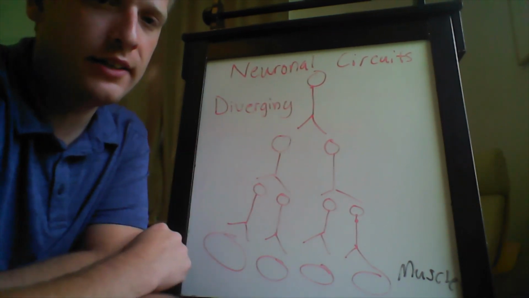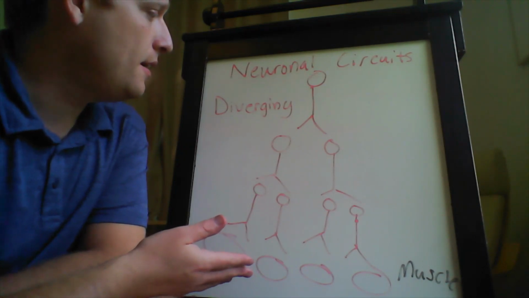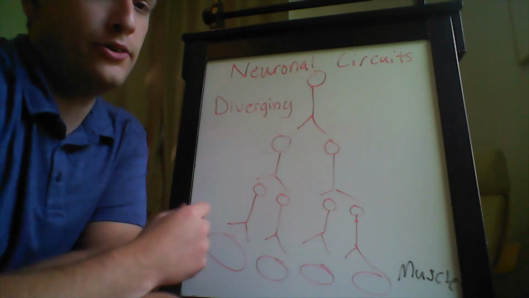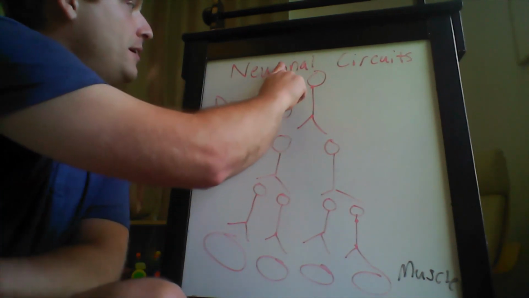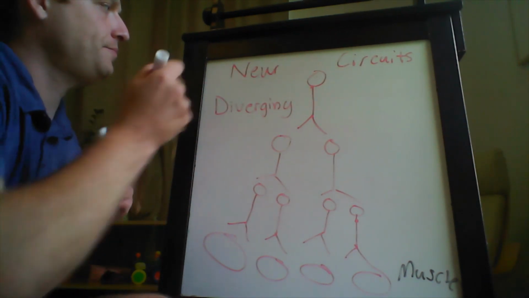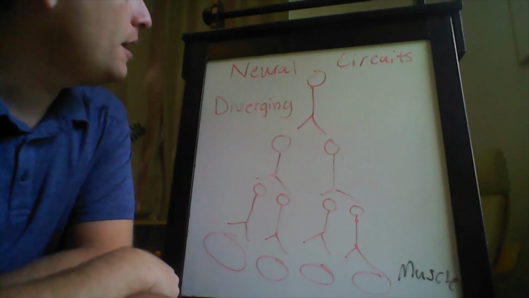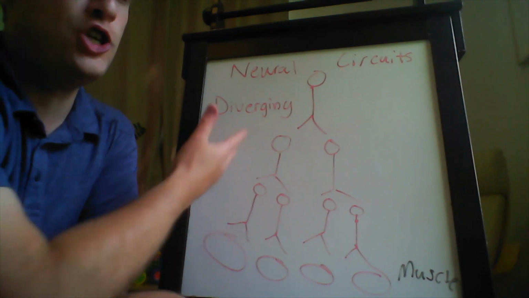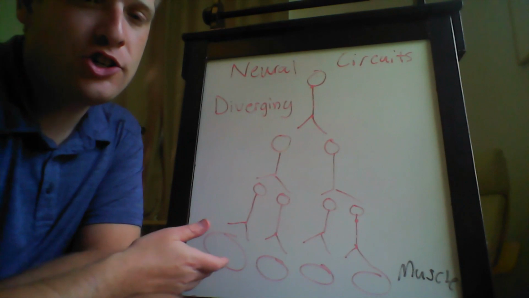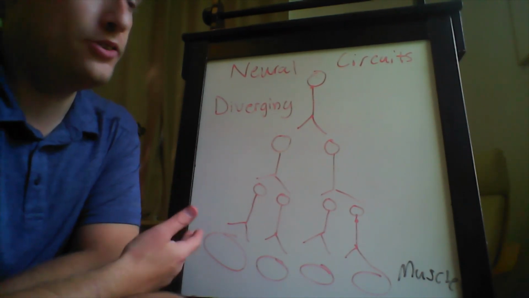A single neuron can make contact with multiple cells, and this brings us to the concept of what's called a neural or neuronal network, or I would say probably a neural circuit. Neuronal circuit works too, but a circuit is just a chain of neurons. And there are a couple of different functional types of groups of neurons when we're talking about these neural circuits.